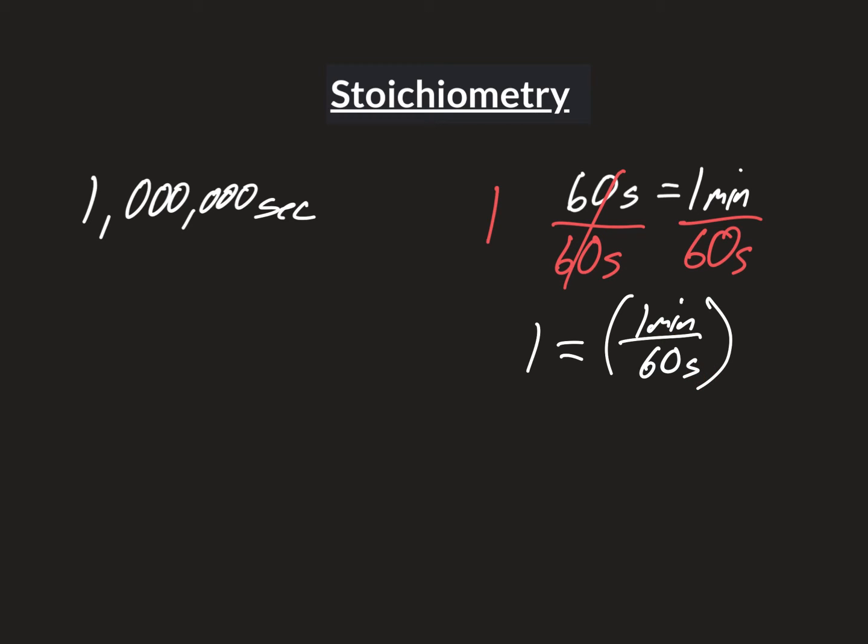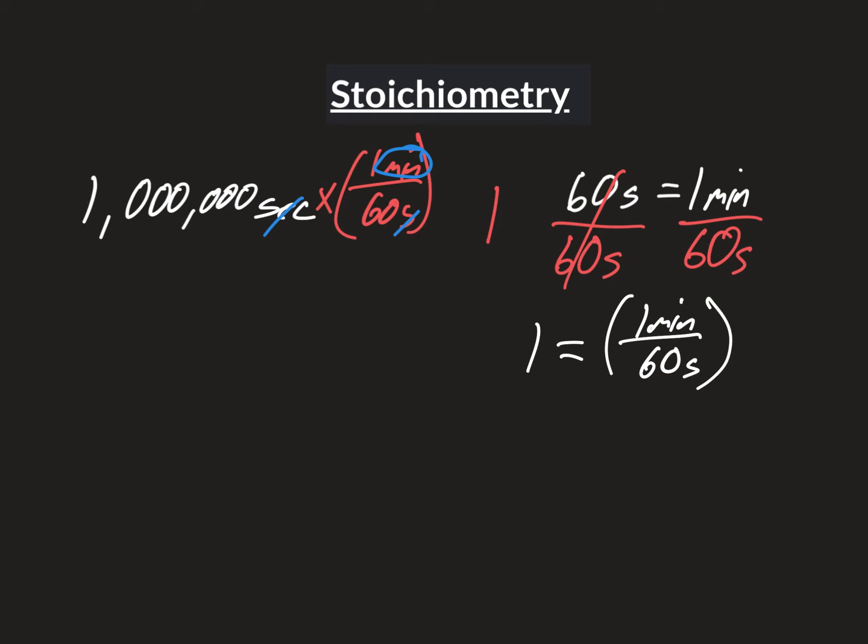So essentially what I would be doing is I would then be multiplying all of these 1,000,000 seconds by 1 minute divided by 60 seconds, which really is just multiplying it by 1, but it's going to change the dimensions or the units that we're using, right? As you can see, I would be dividing by seconds, where seconds is over here, so that would actually cancel out seconds, and I would be left with just minutes.